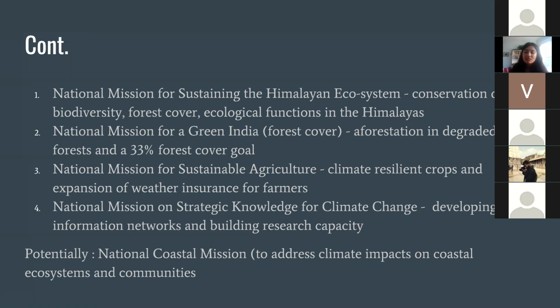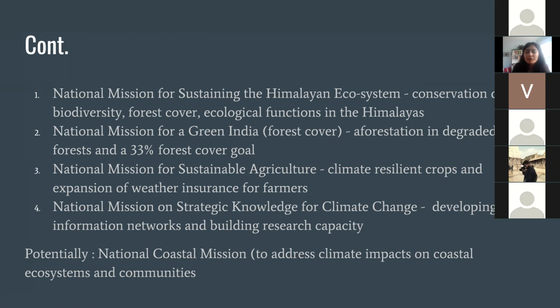The SAPCC also, states were given some amount of money from the center for the process of creating their SAPCC, because it was a resource intensive exercise. And a lot of the funds is not necessarily directly given.